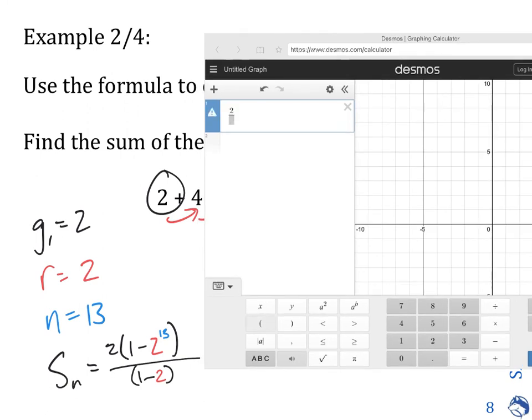Two times 1 minus 2 to the 13th, all over 1 minus 2. There it is. Okay, so we get 16,382.